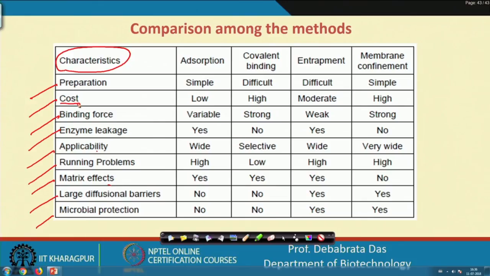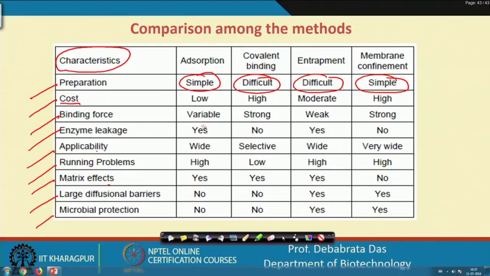So the question comes; I want to take 2-3 instances. Suppose preparation: if you look at that, adsorption is very simple, covalent is very difficult, entrapment is also difficult, and membrane confinement is also simple. Now, if we want a very simple technique, we have two choices: either we should go for adsorption or membrane confinement.